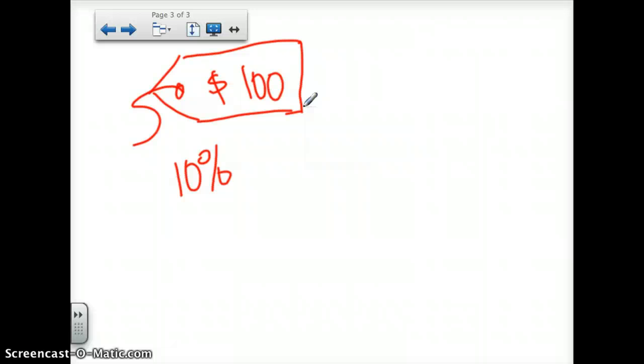We said we were gonna multiply it by the percent. So we can take 100 and multiply it by 10%, right? That would equal 1,000. But that's 10%, so let's create an equivalent form of 10% as a decimal or fraction. We'll do decimal first.